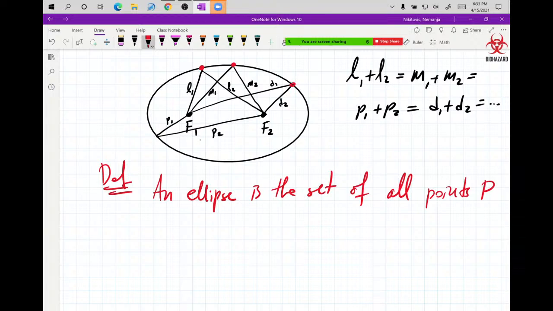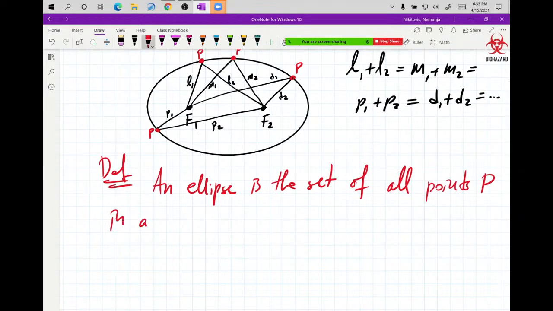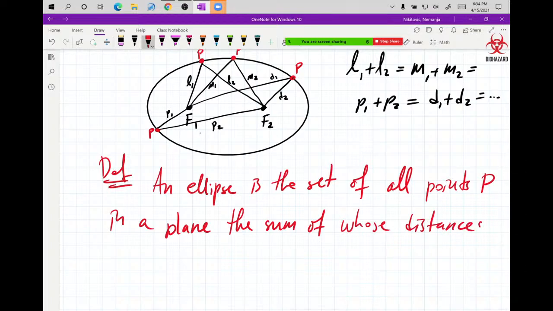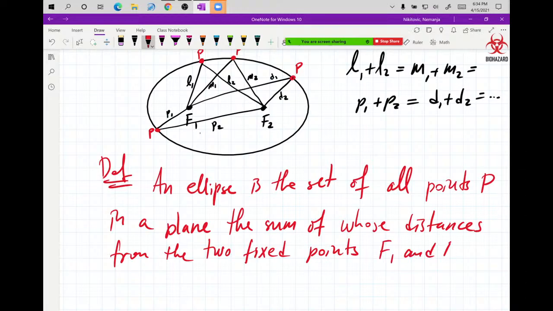Those are points P. Of all points P in a plane, the sum of whose distances from the two fixed points F1 and F2 is constant.